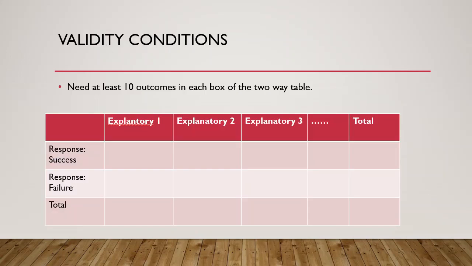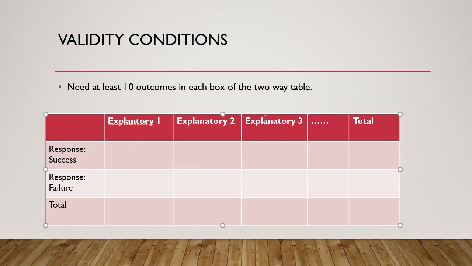The last thing in terms of the main ideas here is that there are validity conditions when you use a theory-based test. It's really the same as the validity conditions we had before for categorical data. You just need 10 outcomes in each box. You have explanatory variable 1, 2, 3, and maybe even more. This could be freshman, sophomore, junior, senior. It could be night light, room light, or no light.